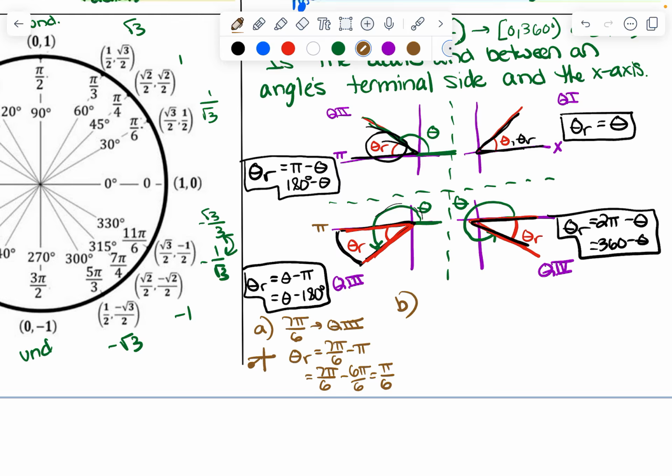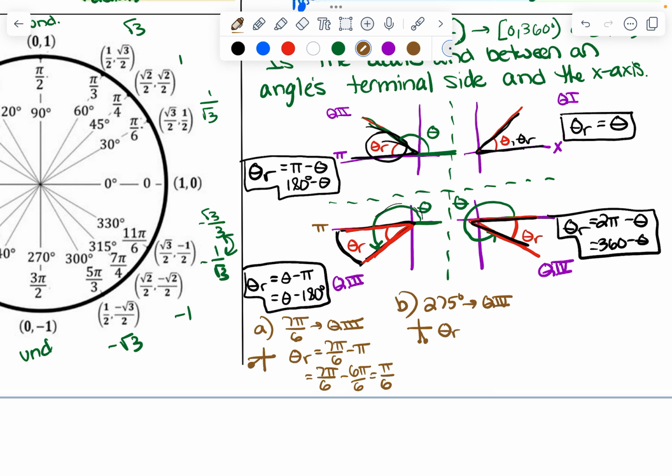Part B, let's do 275 degrees. So 275 degrees, if 270 is here, 275 is just past it. So it's barely in quadrant 4. But we want that acute angle, so we have to be accurate.